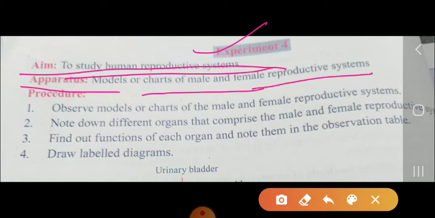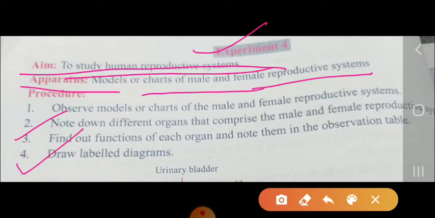What is the procedure? We have to observe the model or chart of the male and female reproductive system, and note down the different organs which comprise them. Then third, we have to find out the functions of each organ, and note that all in the observation table.